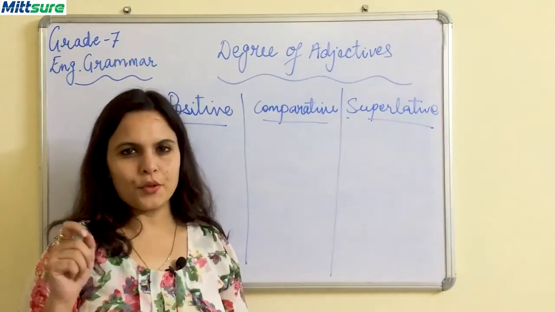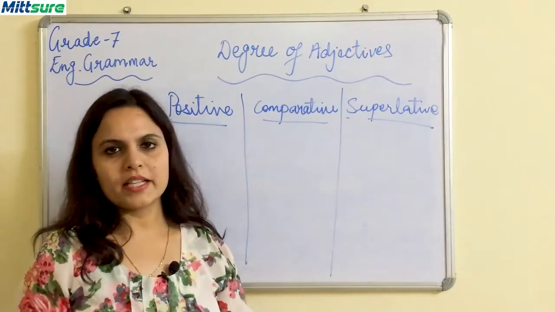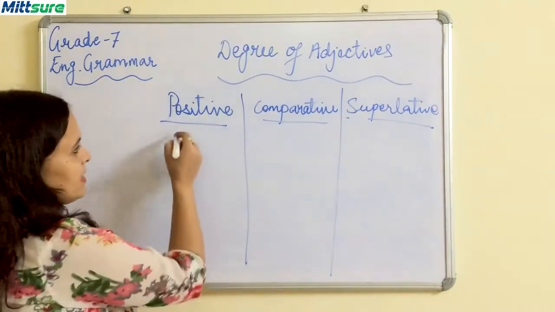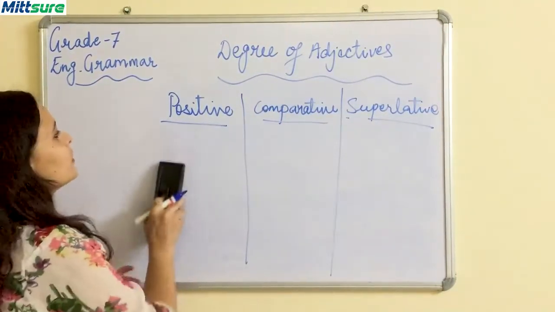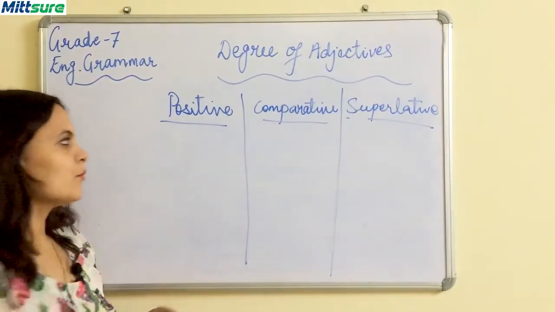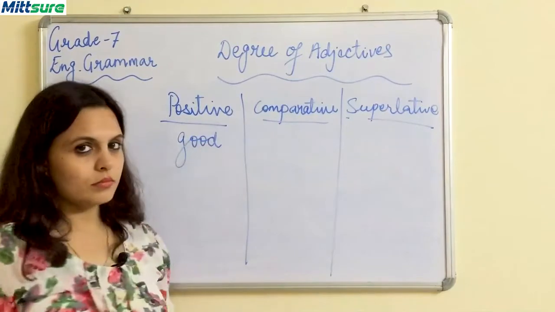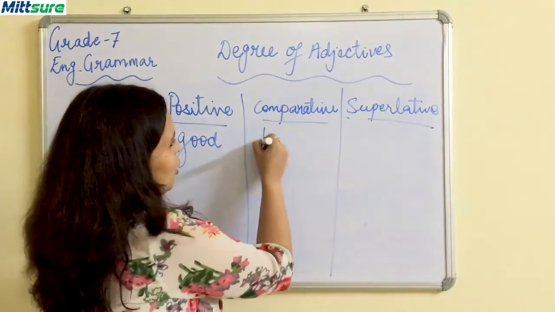So we'll take a few basic examples first and see what the degrees of those particular words are. Like if I take the word good. Can I add er and frame the comparative degree for good as in gooder? No. So what is the comparative degree for good?